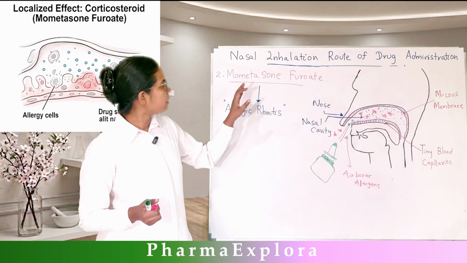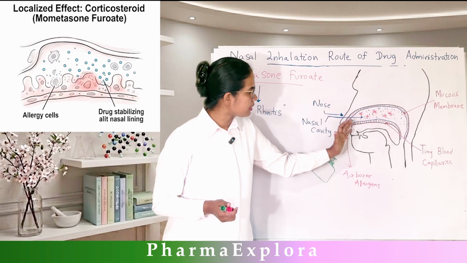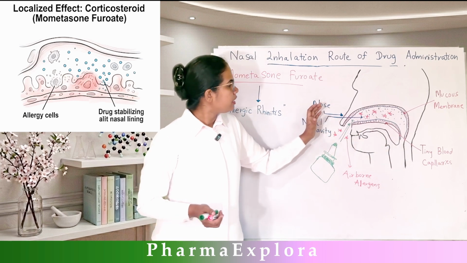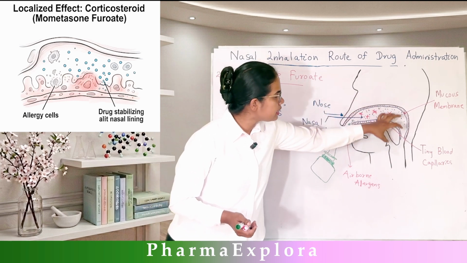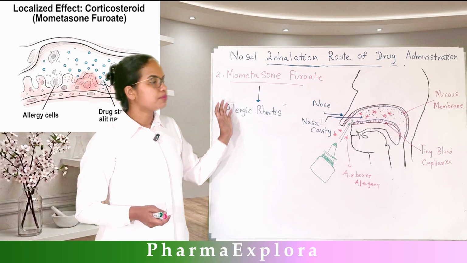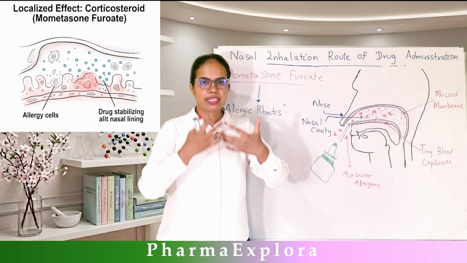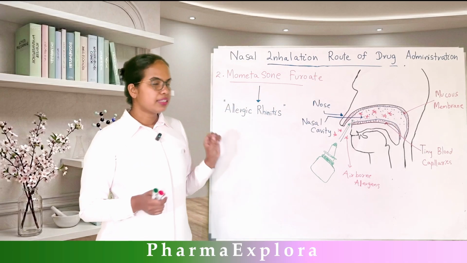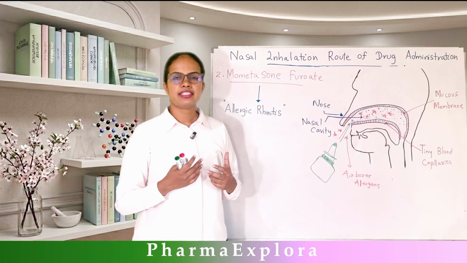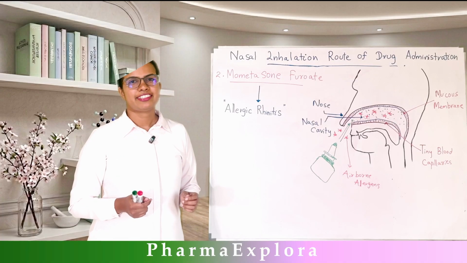Therefore, you can see that by applying this Mometasone Furoate intranasally, we limit the action of this medicine locally within the nasal cavity without exposing our entire body to the powerful corticosteroid. So this is another good example of how we use this intranasal route to achieve a localized effect.